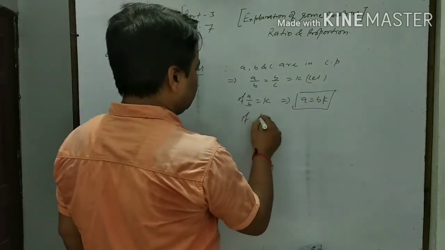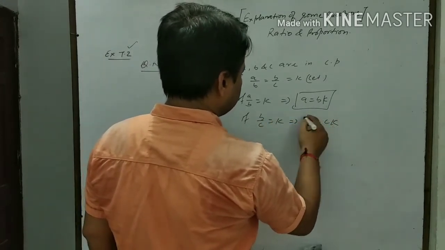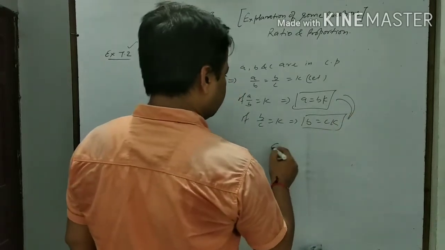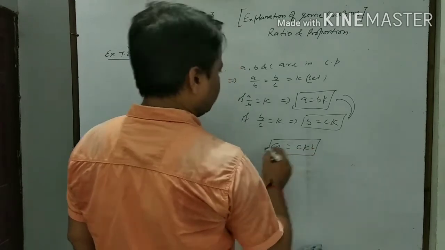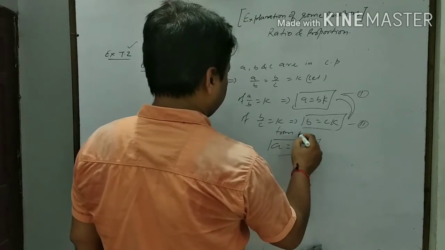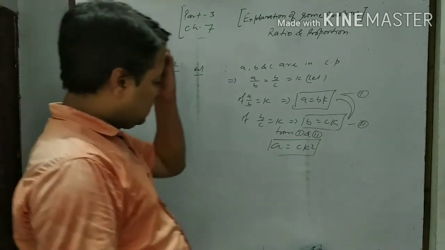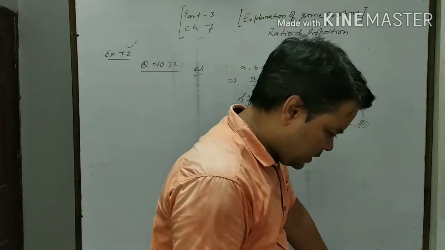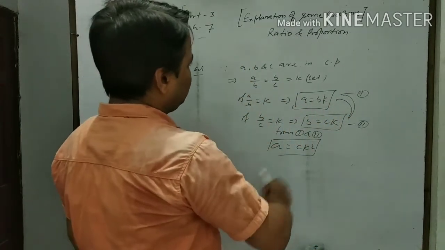Similarly, if B by C is equal to k, then B is equal to Ck. Now using these two, we can write A is equal to Ck square. This is equation 2. So from first and second, we can write A is equal to Ck square. Now what we do, we just write the value of A, B, C.